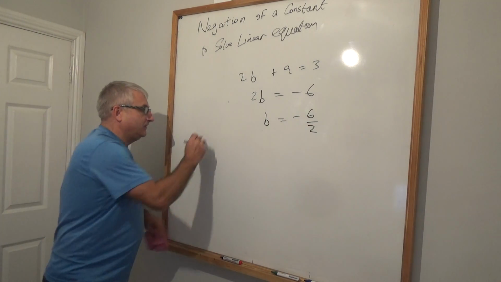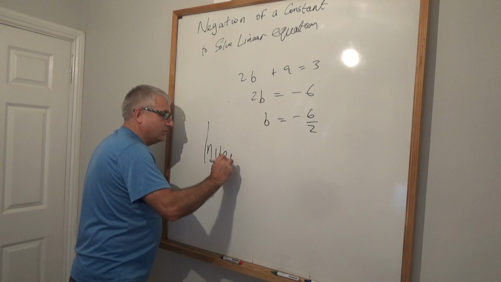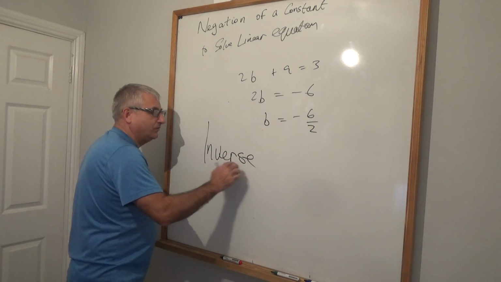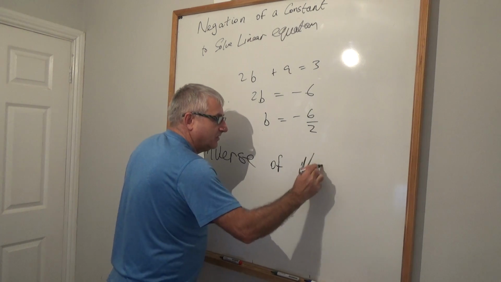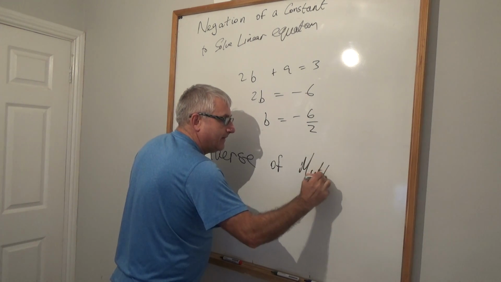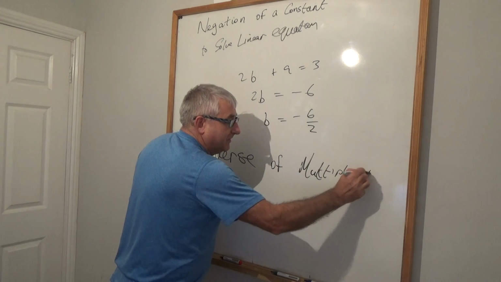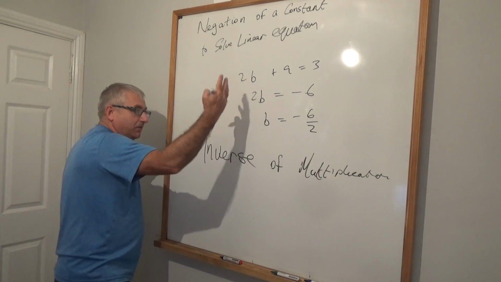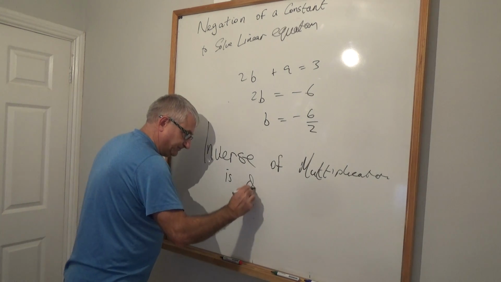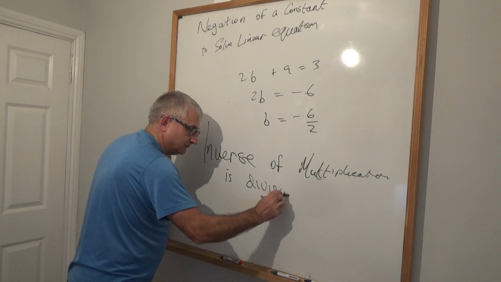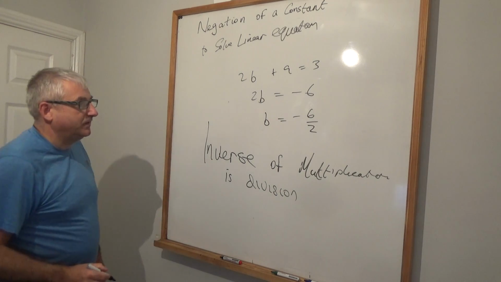So we say that the inverse, which is the general word we always want for any operation, the inverse of multiplication by some number like b, or by the number 2, is division. And that explains divide by 2.